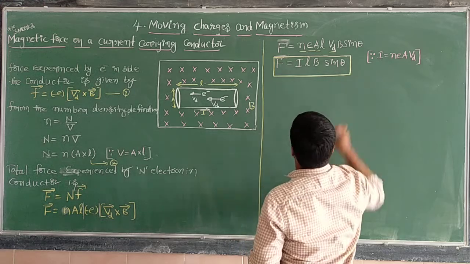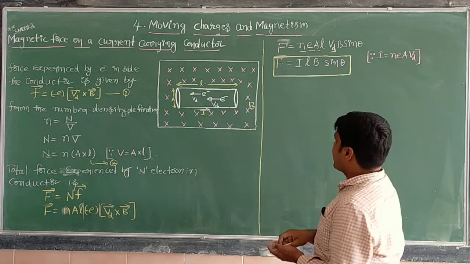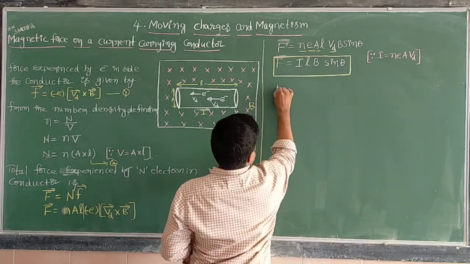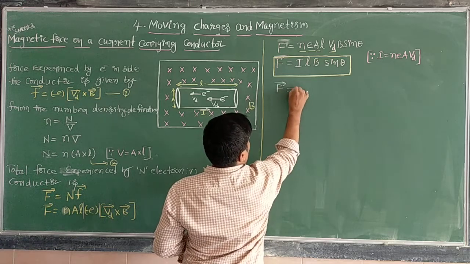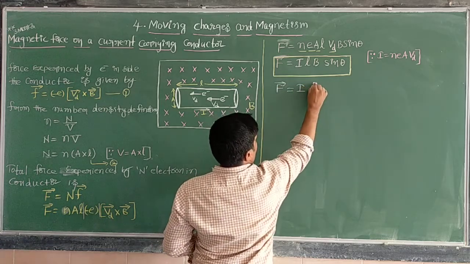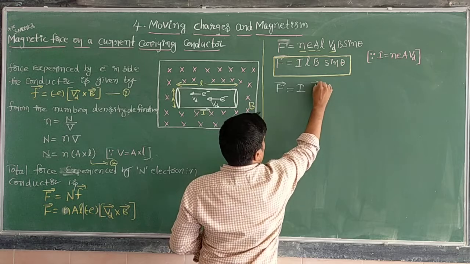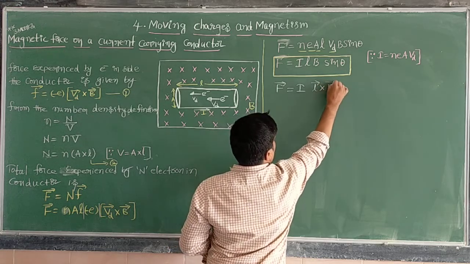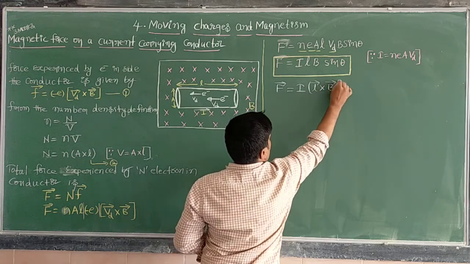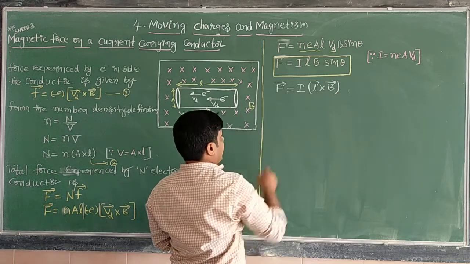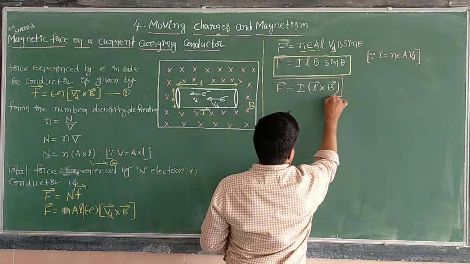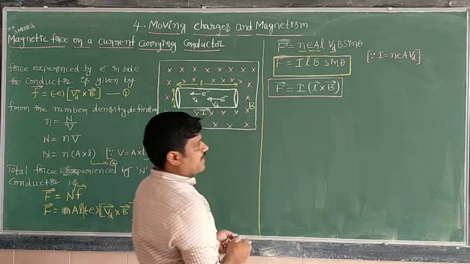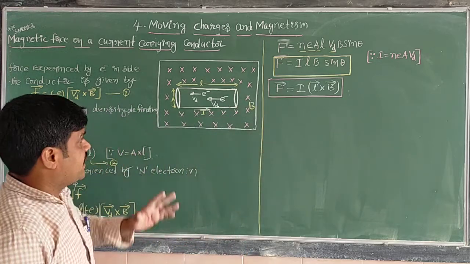In vector form, F bar is equal to I into L bar cross B bar. This is the formula for the force experienced by the current carrying conductor.